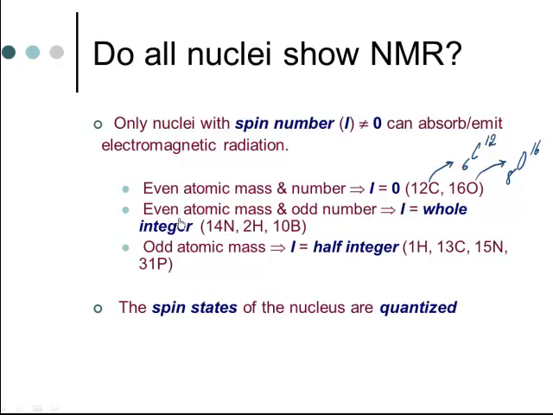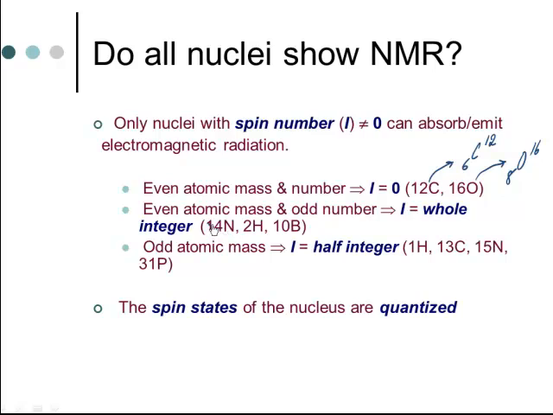However, if a nucleus has either an odd atomic number or mass number, or both odd atomic as well as mass number, then it is capable of showing NMR. For example, if the mass number is even but the atomic number is odd, in that case the nucleus will have both the number of protons as well as the number of neutrons odd.